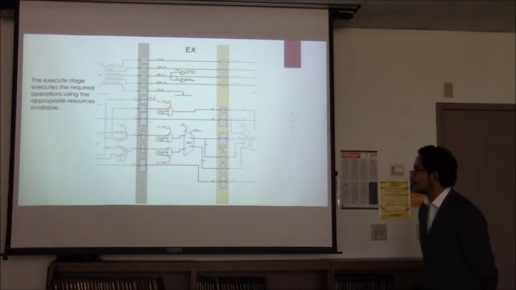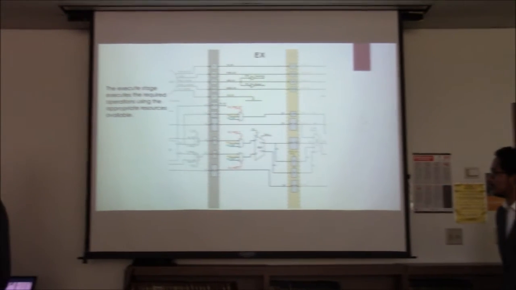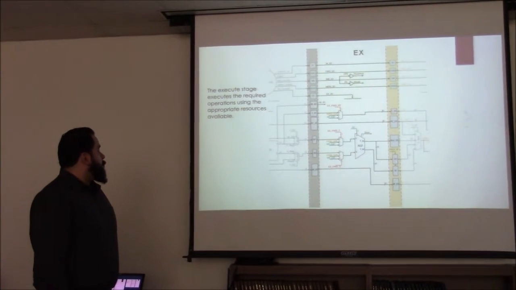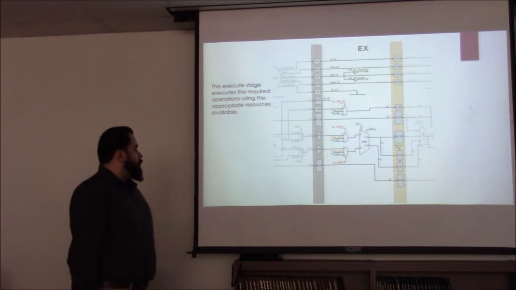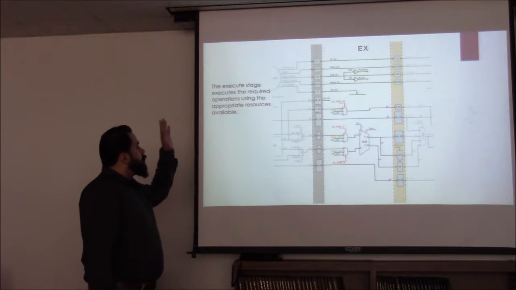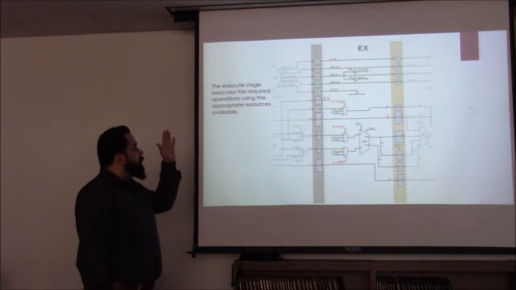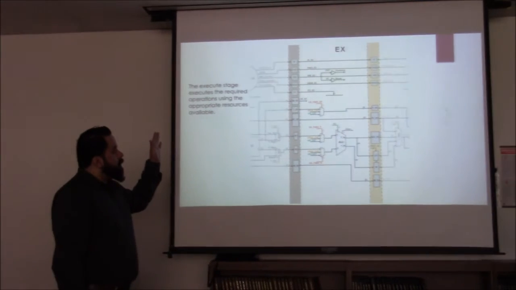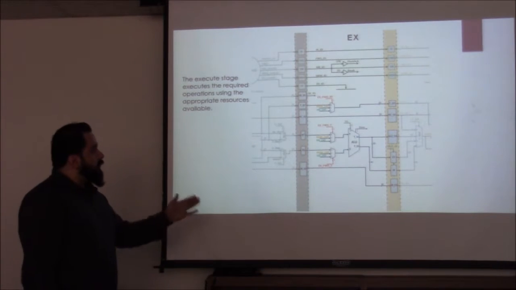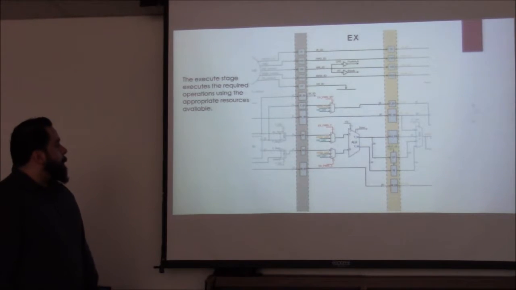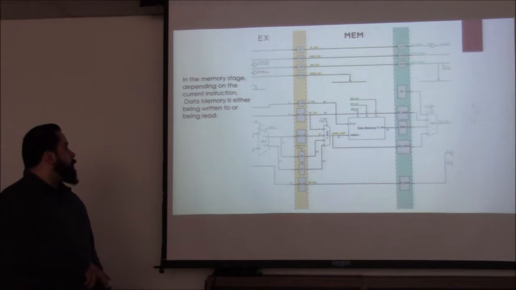Here's the execution state. It's just a visual representation here. It executes all the operations using the appropriate resources available. So you can see from the control, the signals are moving from one pipeline register to the next, as well as the output of the ALU is going to the next stage. And that next stage is the memory stage.